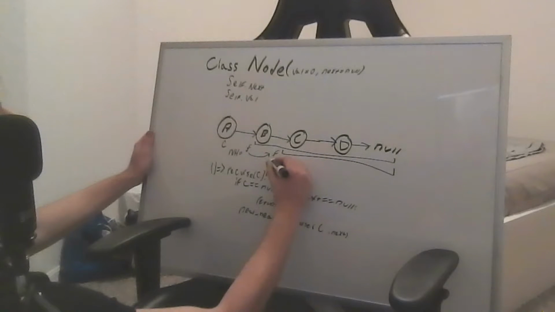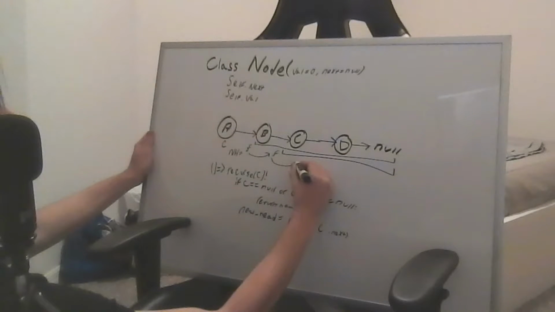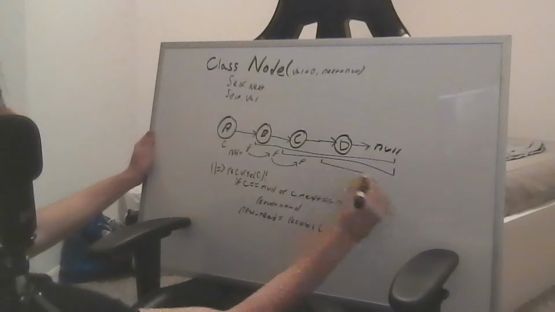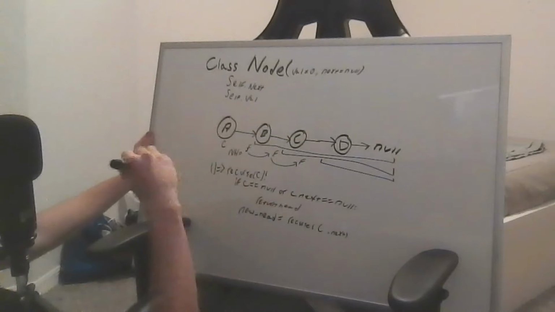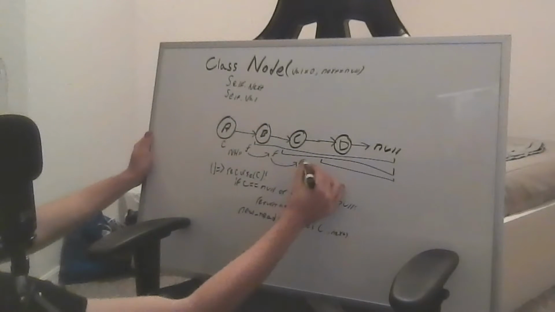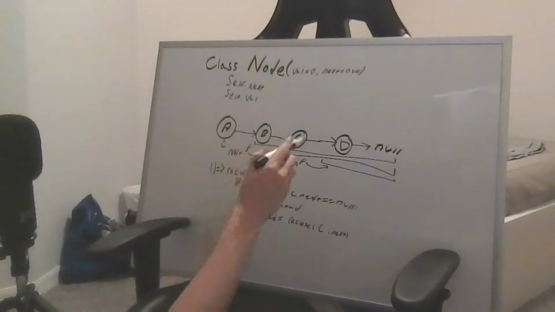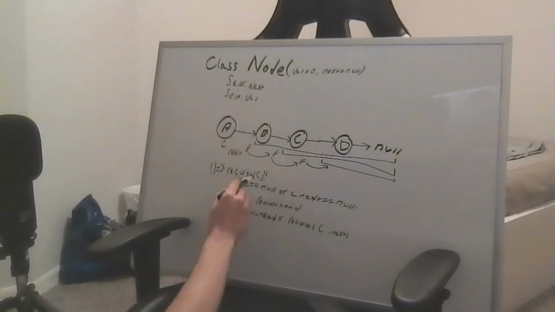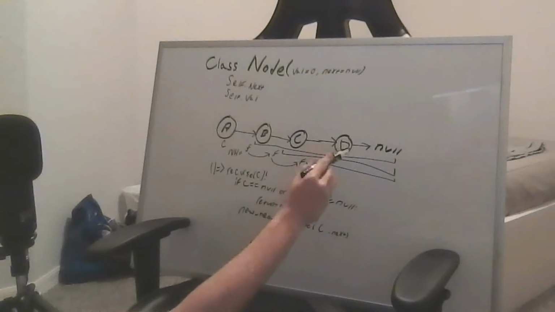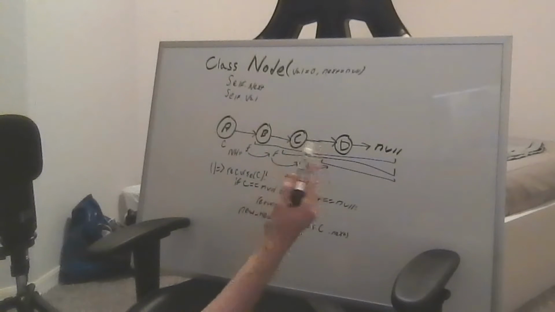And then, okay, well, again, next is still not null. And then we do it this final time. This time, however, D.next is null, and D is currently our current C, so we're going to recurse back through.